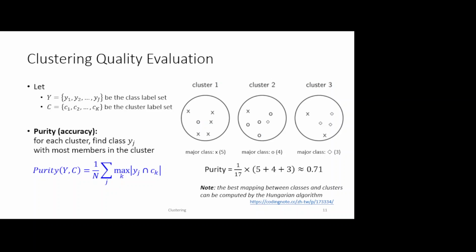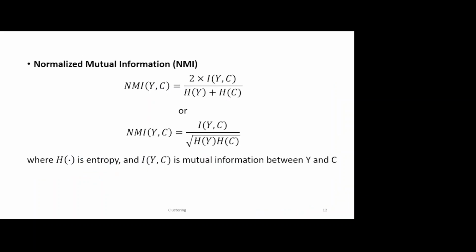So that's the first metric, called purity. The second metric is called normalized mutual information. Here are two different expressions, but they are similar. NMI can be computed for the Y classes and the C clusters like this.